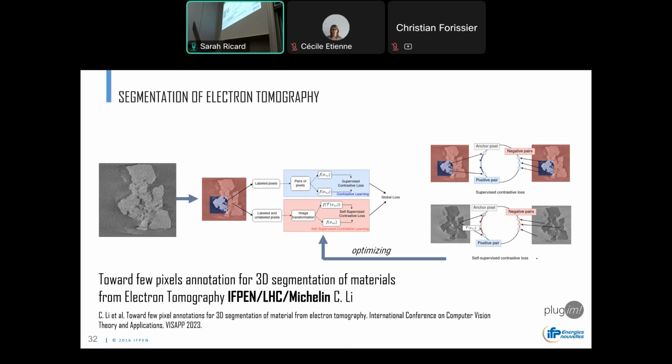I don't explain it in my lecture, but you can also use standard data augmentation. The idea is to use tricks to increase the number of patches using some rotation of your patch or some degradation where you add some noise to your patch. In electron tomography, it's not a good idea to add noise, but it's sometimes a good idea to make some slight deformation of your object.